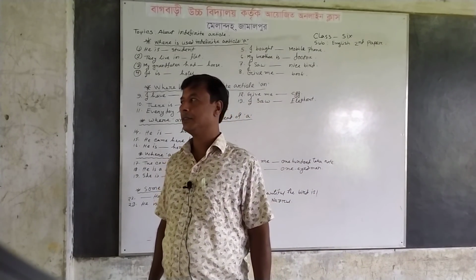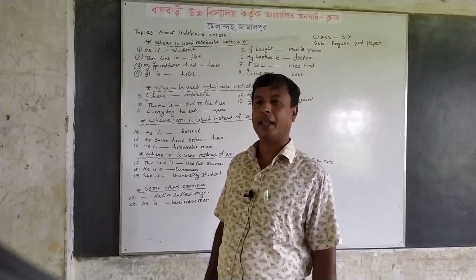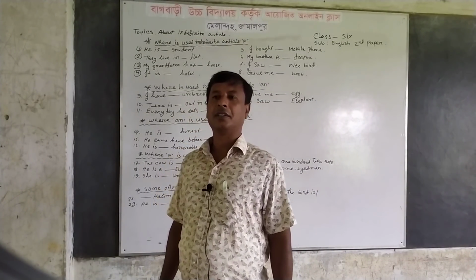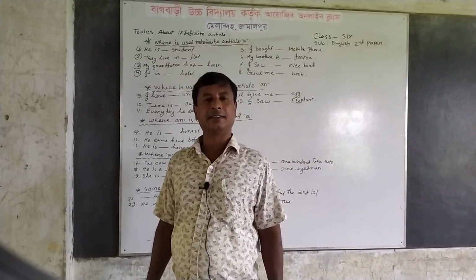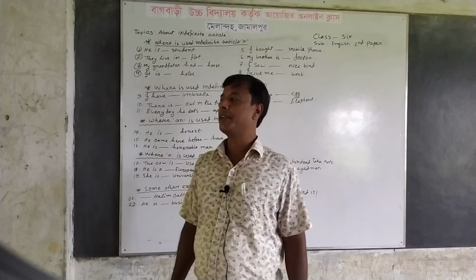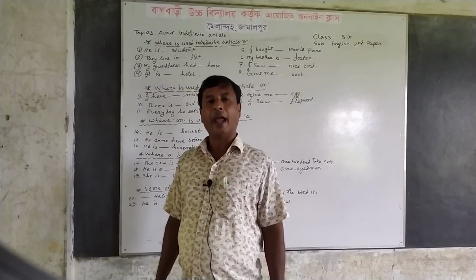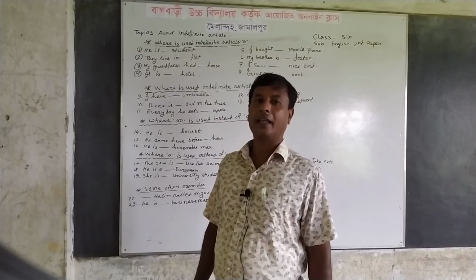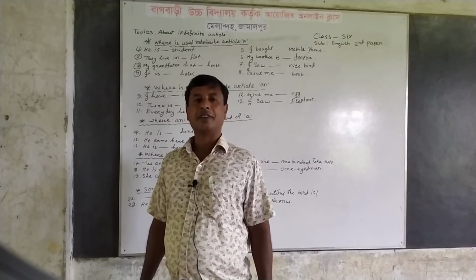Dear student, you know that A, AN and THE are called articles. There are two kinds of articles. They are indefinite articles and definite articles. A and AN are called indefinite articles and THE is called definite article.